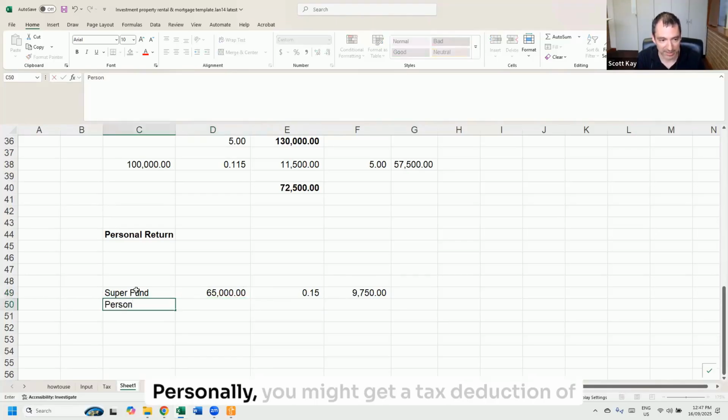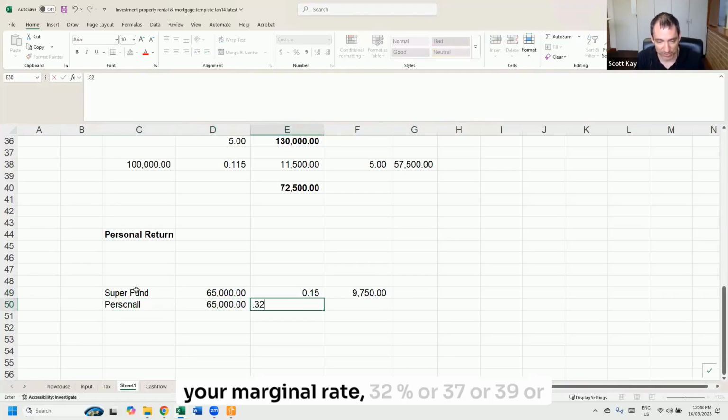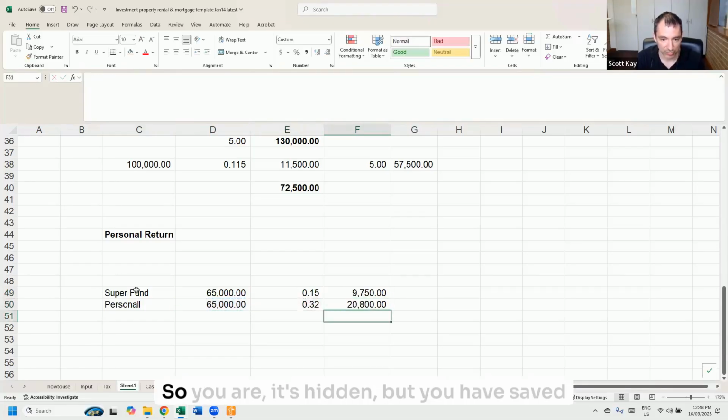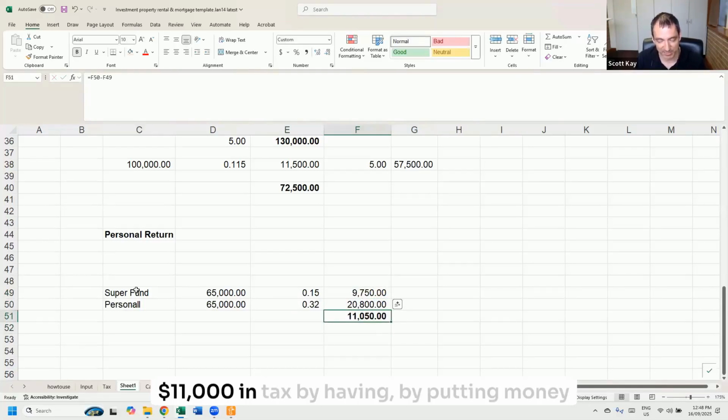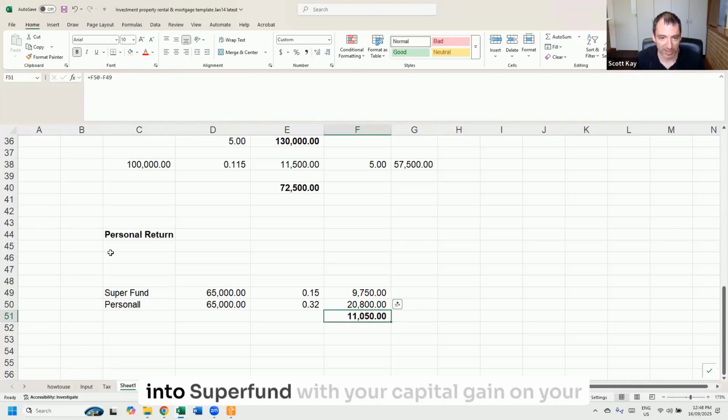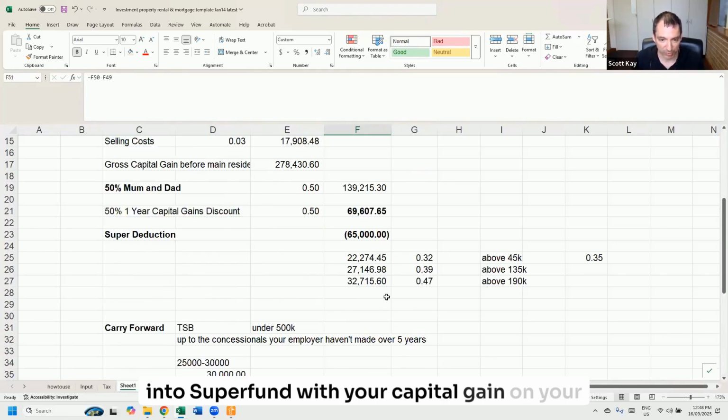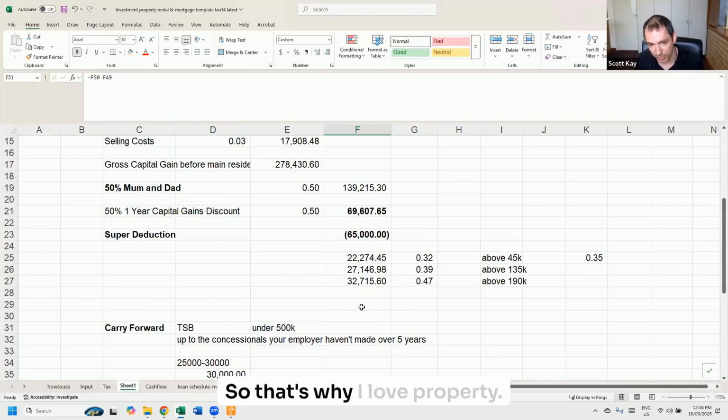But you personally might get a tax deduction at your marginal rate, 32% or 37 or 39 or whatever it is. So it's hidden, but you have saved $11,000 in tax by putting money into a super fund with your capital gain on your property. So that's why I love property.